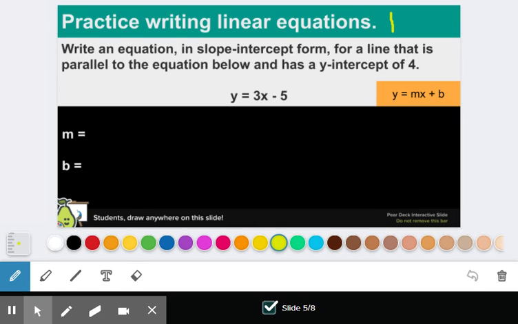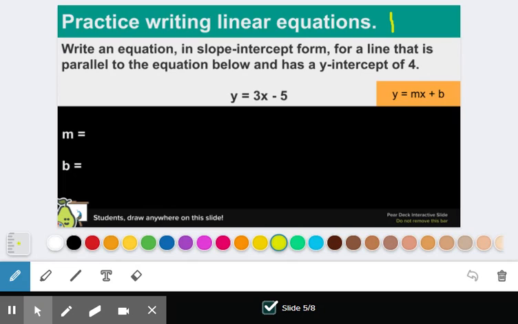So we already know if they tell us that our slope is 2, we put that in for our m, and if they tell us our y-intercept is 5, we put that in for our b, and then we are good to go. Today, they're just making us think a little bit more about what number we are going to use for that slope. So they're giving us an equation and then asking us to write a line either parallel or perpendicular to that line.